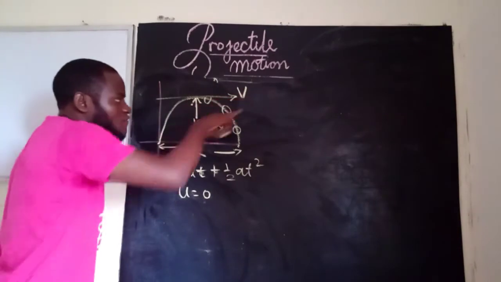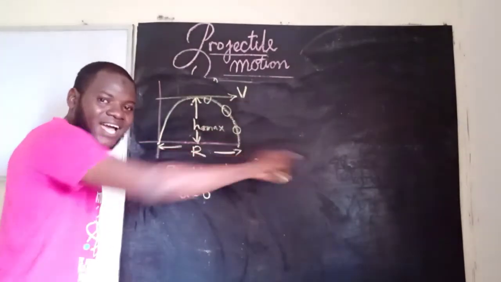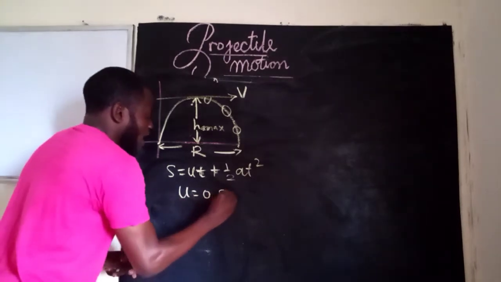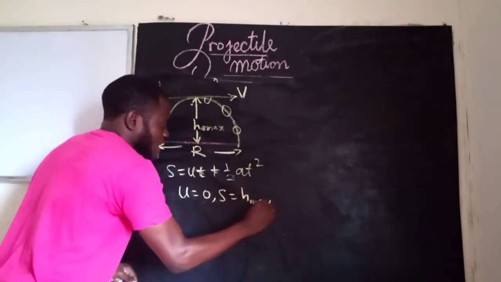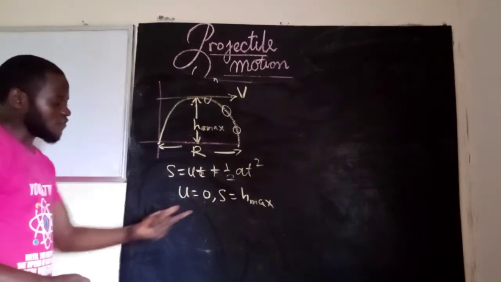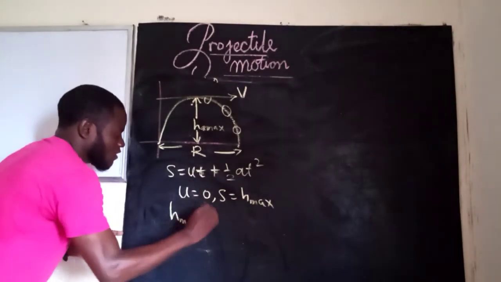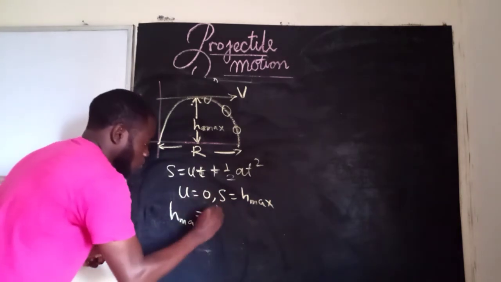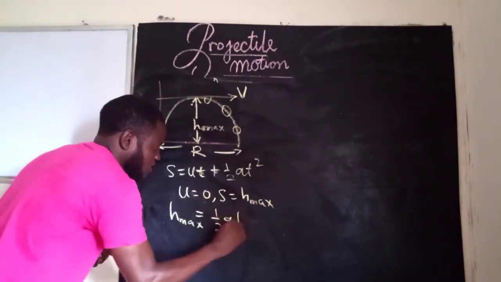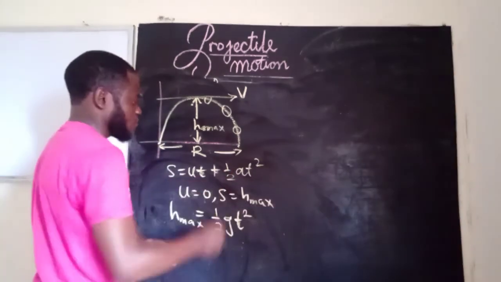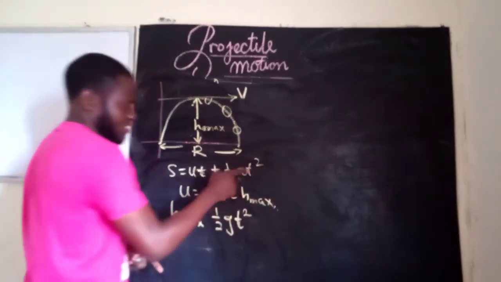We only have the velocity at the horizontal component. Hence, our S remains what? H max. So if I slot this into this equation, I will have that H max is equals to 1 over 2 gt squared, because the body is projected horizontally, so this g is positive now.